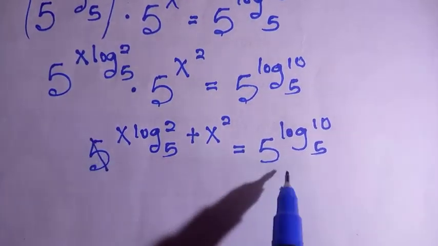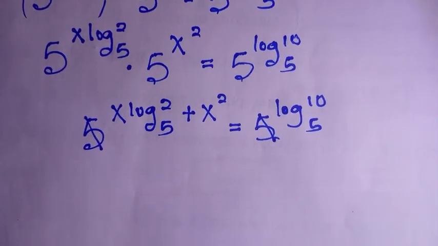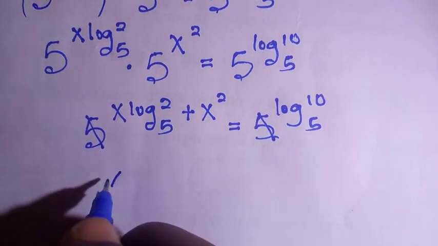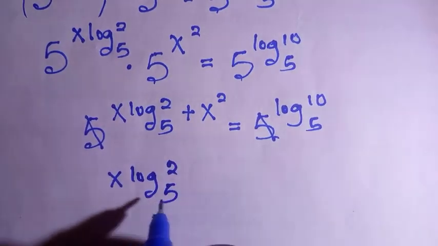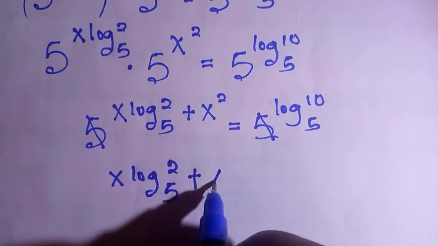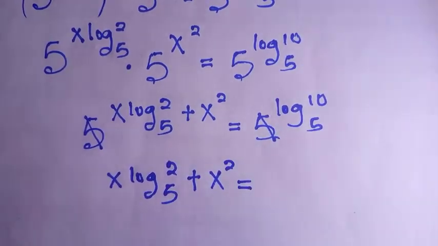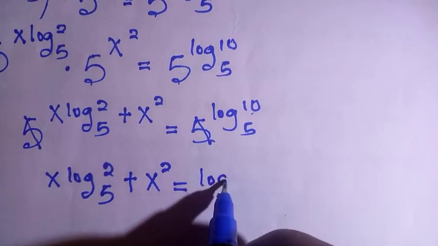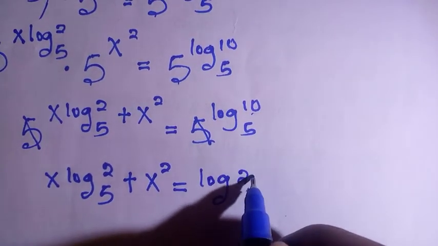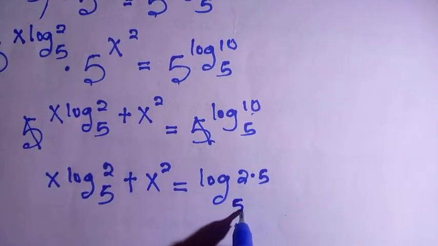We have the same base, so it cancels. Then we equate the exponents: x log 2 base 5 plus x raised to the power of 2 equals log 10 base 5. This 10 can be written as 2 times 5.